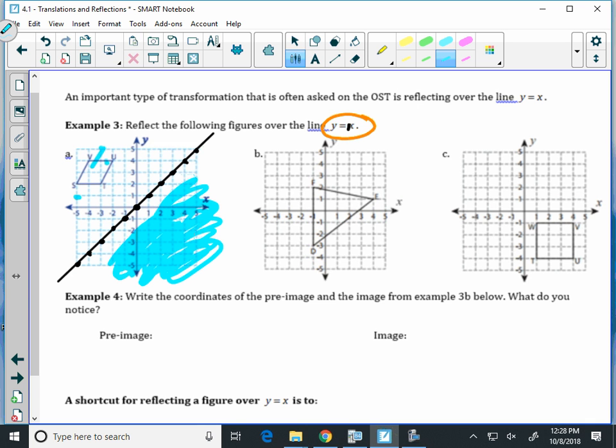So we're still going to count, just like we've been doing. I'm going to take S, and when I count, it's 1, 2, 3, 4, 5, 6, 7. I always count up or down first. It's 7 away from that line.